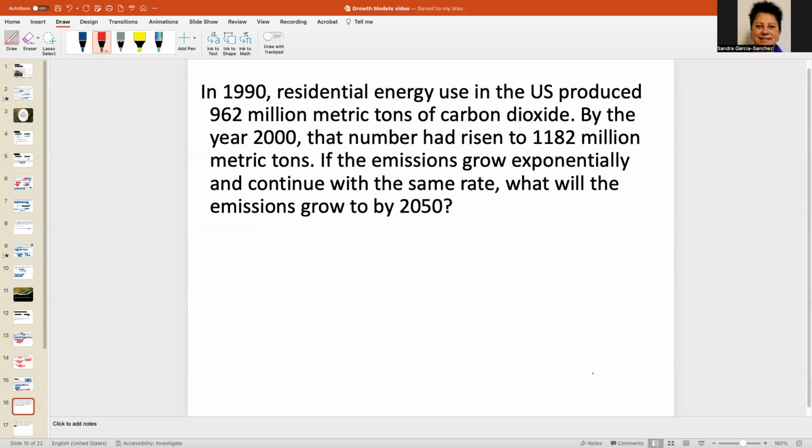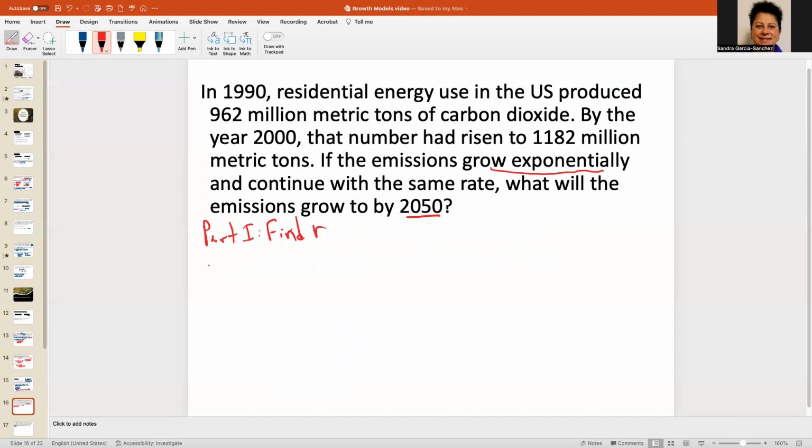Okay, let's see here. Here, they're asking you to find the emission growth by 2050. However, when you look at the problem, it says that it grows exponentially, but you don't see any percent. So that means that part 1 is to find R, because I don't have the rate there.